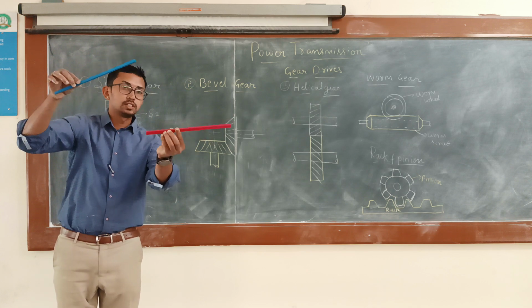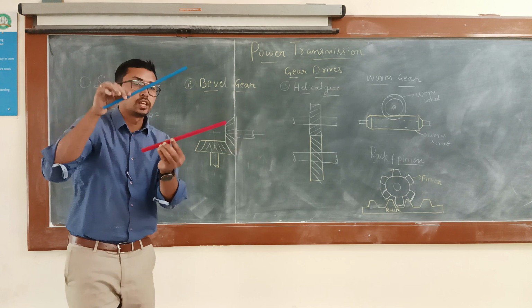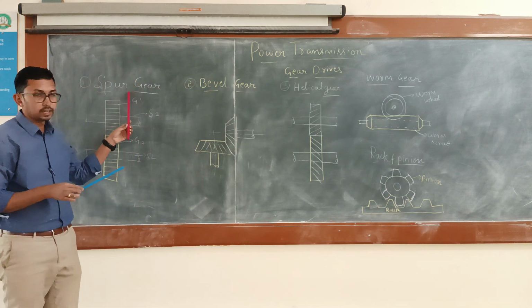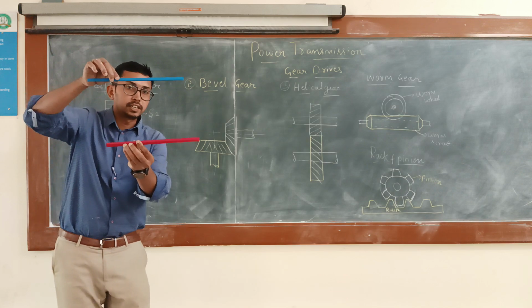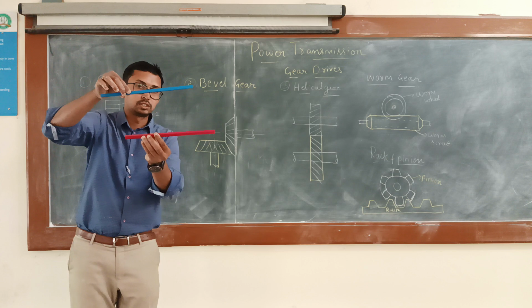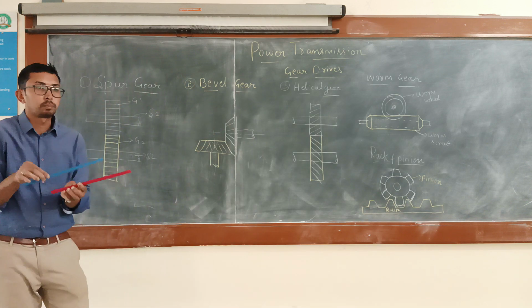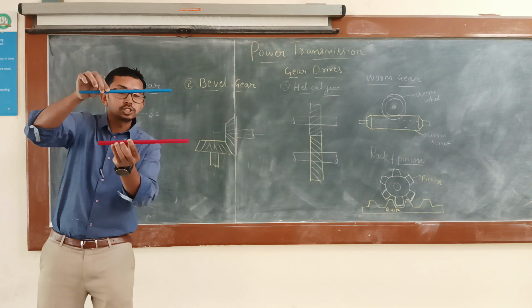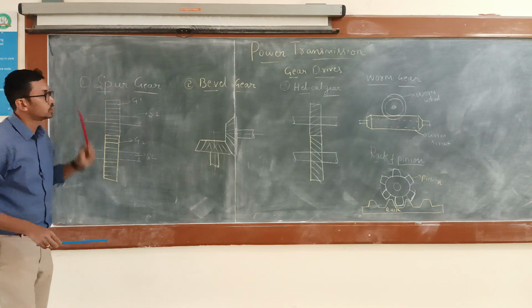This is one shaft and this is another shaft, parallel to each other. Also, they should be non-intersecting: even if we extend the shafts, they will not intersect. That is why spur gears are used to transfer power between two parallel, non-intersecting shafts.